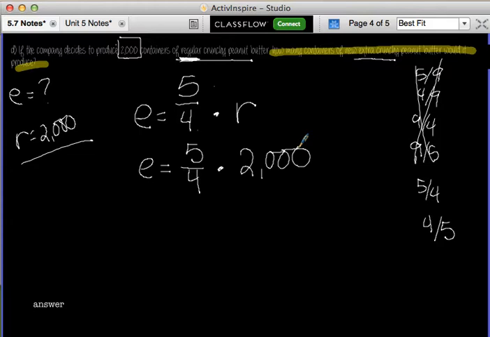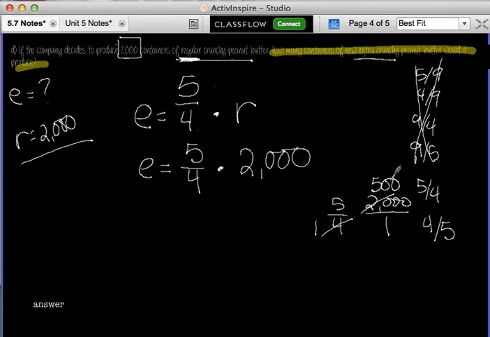All right, and then I go through and do my math, and I know that 5 fourths times 2,000, I have to put it over 1. And I'm going to do my cross simplification. I know that 4 and 2,000 can both be divided by 4, so here I get 1. And 2,000 divided by 4, well, 4 goes into 20 five times, so this is 500.